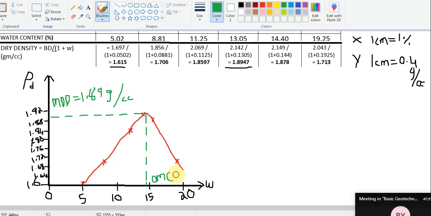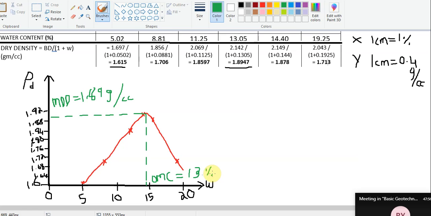OMC is equal to optimum moisture content is equal to 13.05 or 13%. So my answer, maximum dry density is 1.89 gram per cc. Optimum moisture content is 13%.